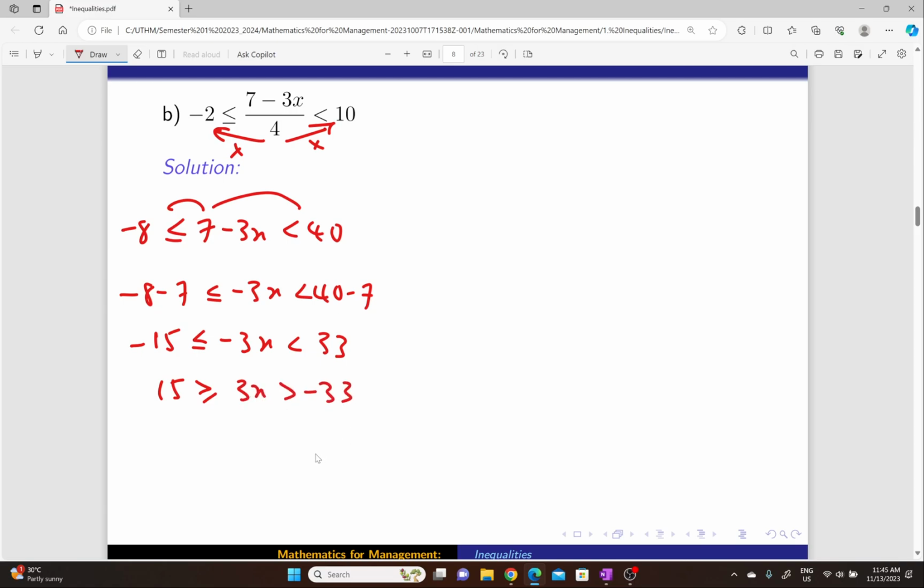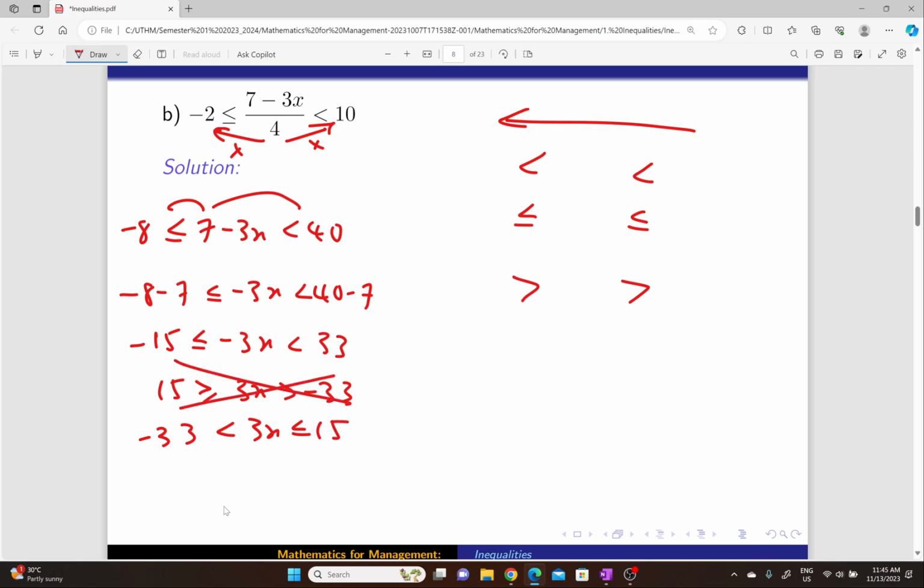But for sandwich type of inequality, the sign is always like this or like this. It is always left to right. It doesn't go like this, so change back. And cancel this, and then you divide by 3, you get negative 11, 5. So this is one way of solving sandwich type of inequality.